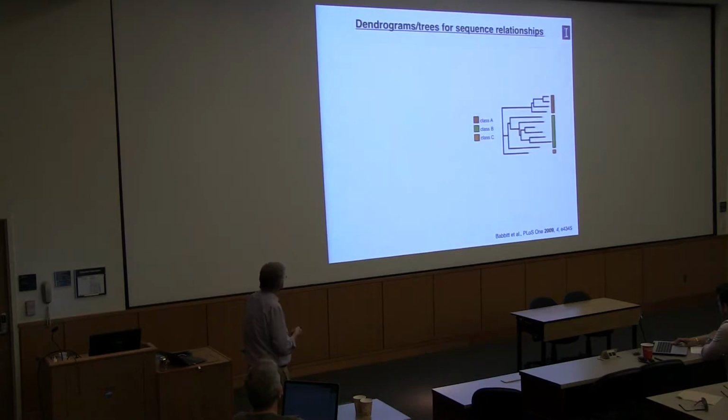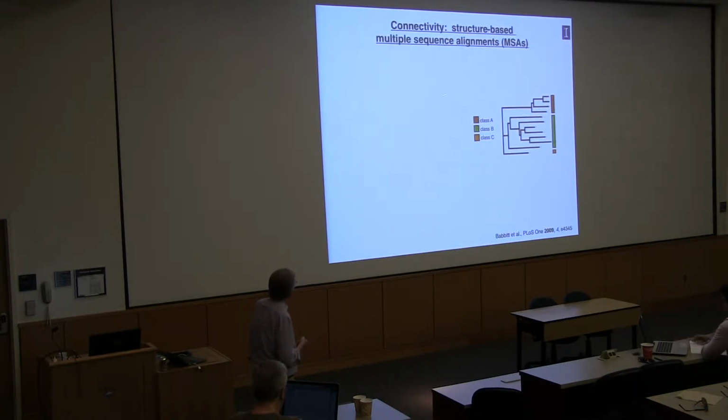How do you construct these? A dendrogram or a tree is the traditional way of doing this. The evolutionary biologists like to do this, and these are constructed using multiple sequence alignments, which are computationally extremely intensive, and extremely difficult to do for large numbers of sequences.